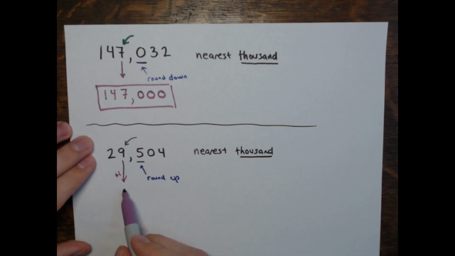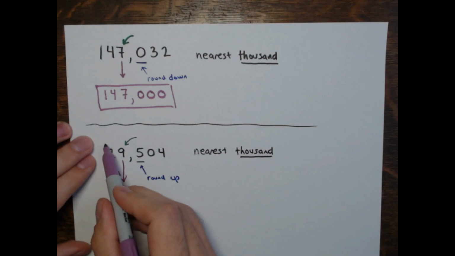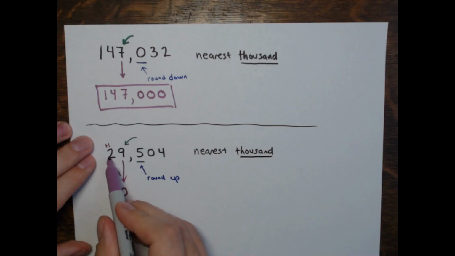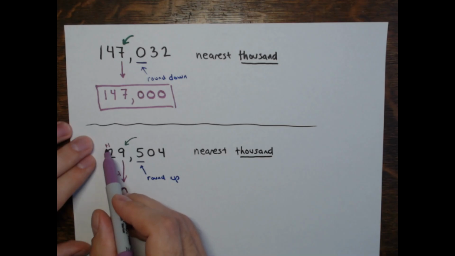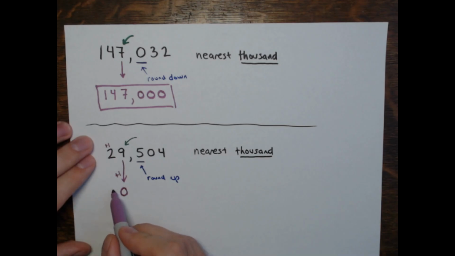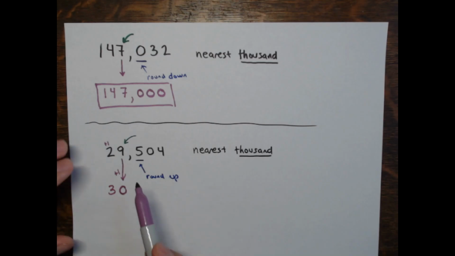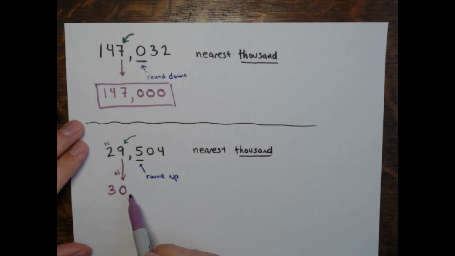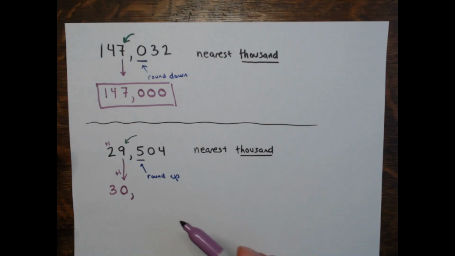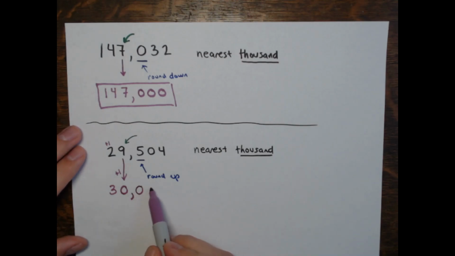That'll make this into 10, which will add 1 to the next place, turning that 1 plus 2. So there's 1 plus 2 in the 10,000s, right? Again, basically 29, add 1, you get 30. So 29,000 becomes 30,000 when I round up, and all the digits after that are zeros.